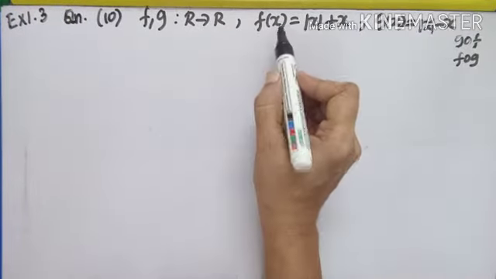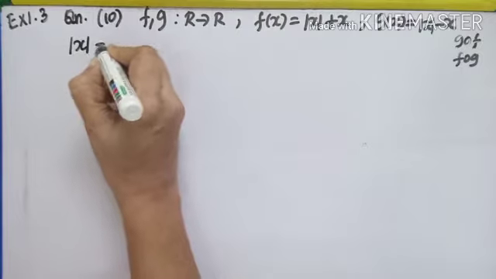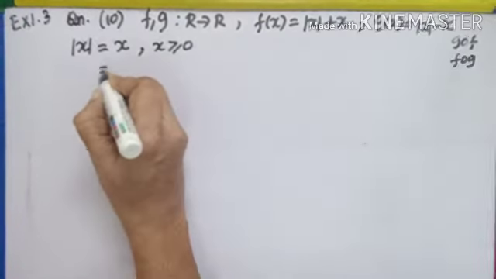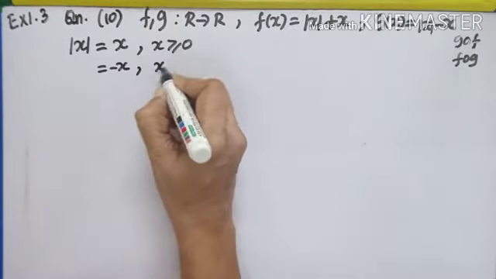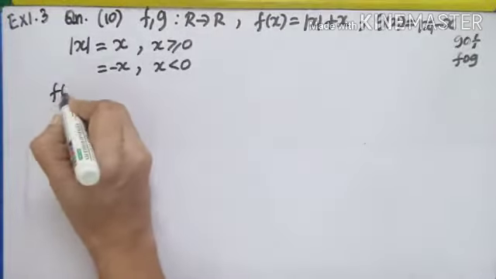First of all, let us restate the function. What do you mean by mod x? It is x when x is positive and it is minus x when x is negative. So how will I write f of x?